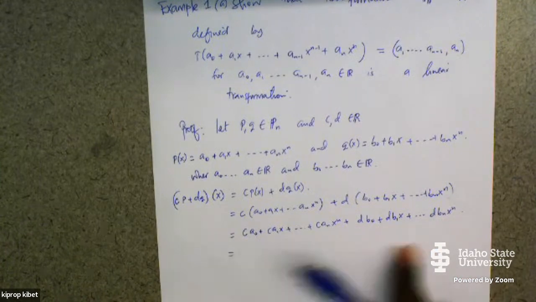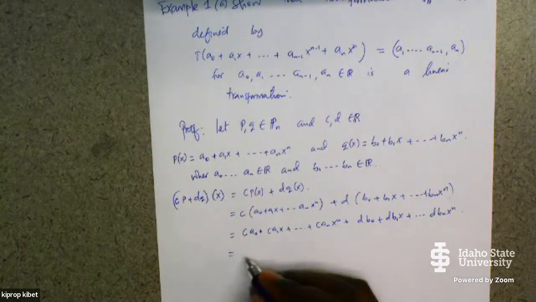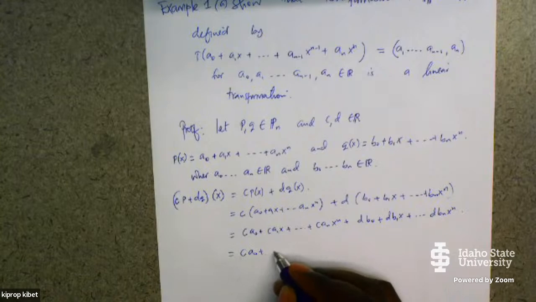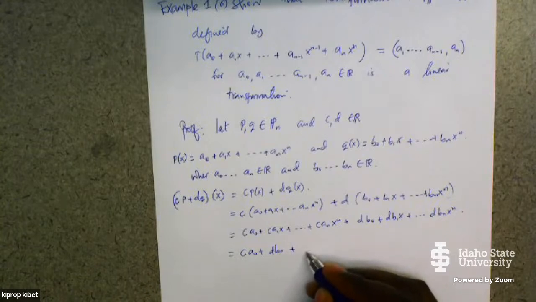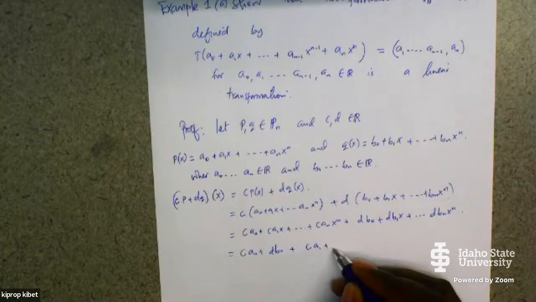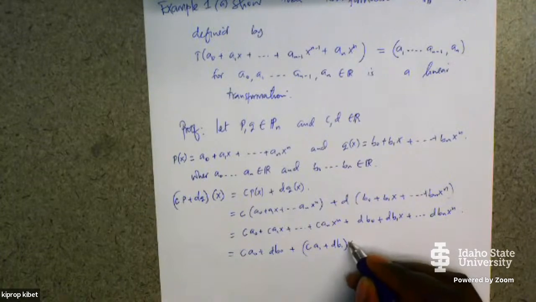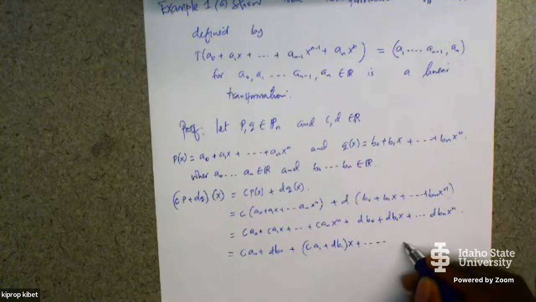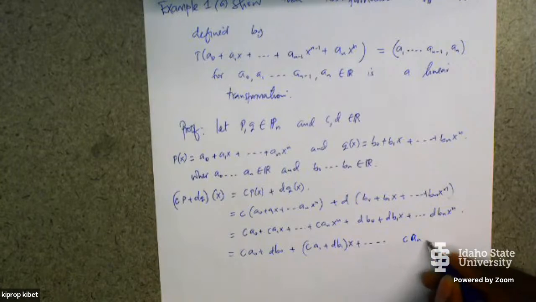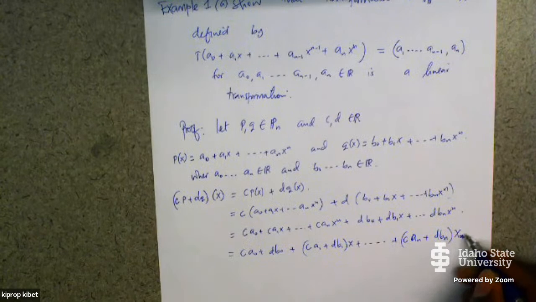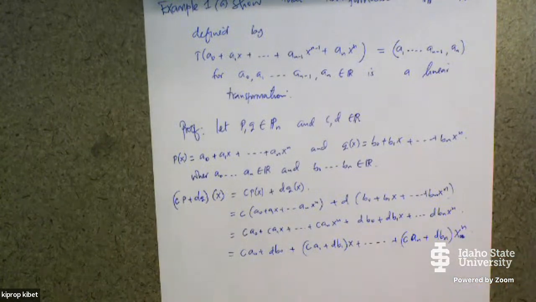Then we can collect the like terms, which gives c a naught plus d b naught plus (c a1 plus d b1) x, and you continue like that until (c a n plus d b n) x to the n.